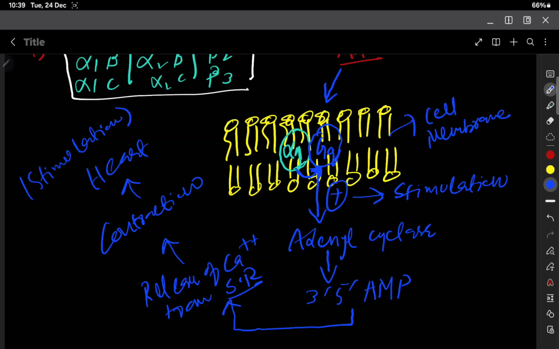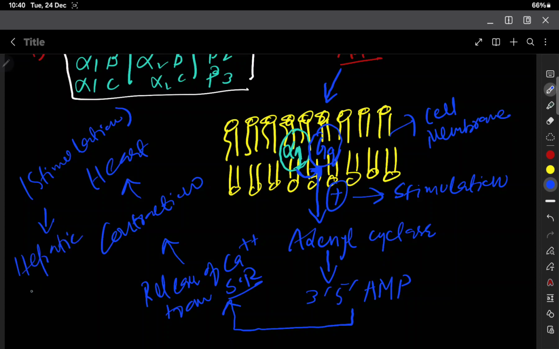So I already told you, either it can cause the stimulation, or it can cause the inhibition. So in short, I can say that adrenaline interacted with the adrenoreceptors, which is a G protein, which in turn causes stimulation of the cell membrane bound adenyl cyclase, which causes increased intracellular cyclic 3-5 adenosine monophosphate, and that causes cardiac stimulation, or it can also cause hepatic glyconeolysis.